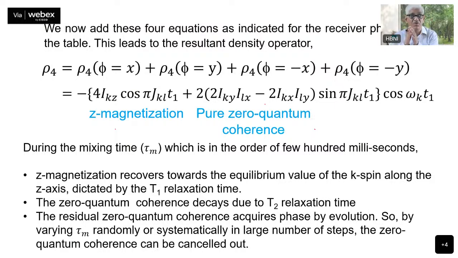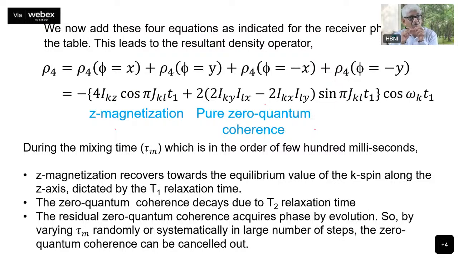Therefore, this will remain. And to remove the residual zero quantum, we have to allow it to evolve for different periods of time. It will evolve under the influence of the relaxation, right? It will evolve because of the coherence, and it will acquire different phases depending upon the time for which it evolves. During the time tau m, the zero quantum coherence is evolving, so it acquires a certain phase.